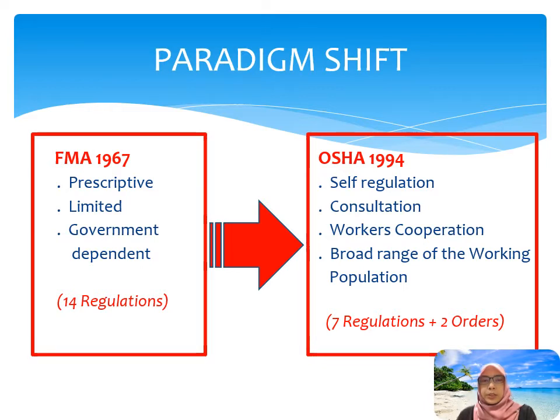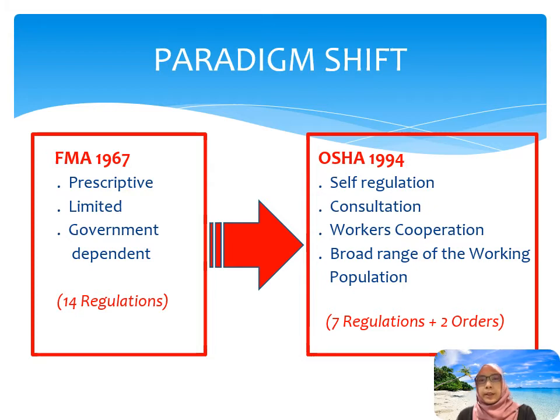The changes from FMA 1967 to OSHA 1994 are presented in this slide. FMA 1967 is more prescriptive, limited, and also government dependent. It consists of 14 regulations.